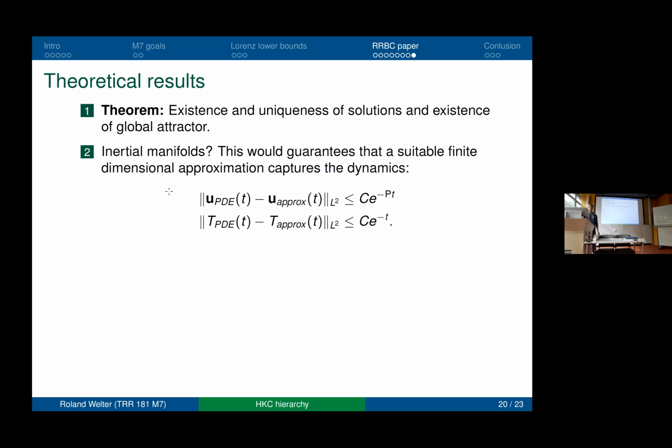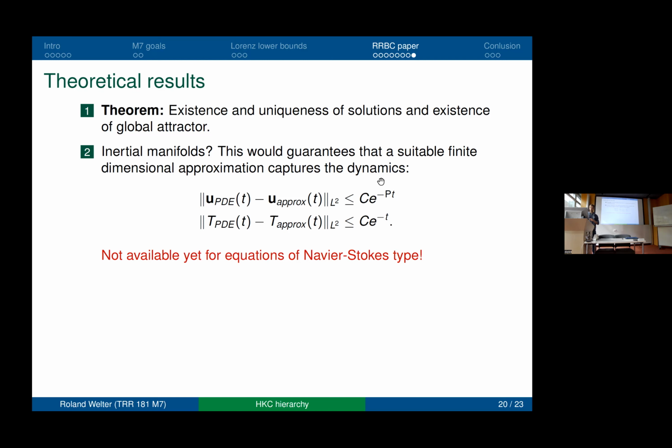So the thing that I tried to look into was whether I can prove the existence of an inertial manifold. If I was able to prove this, then I could make a statement that a given approximation captures the inertial range of the fluid, and the error made by this approximation decays in time.